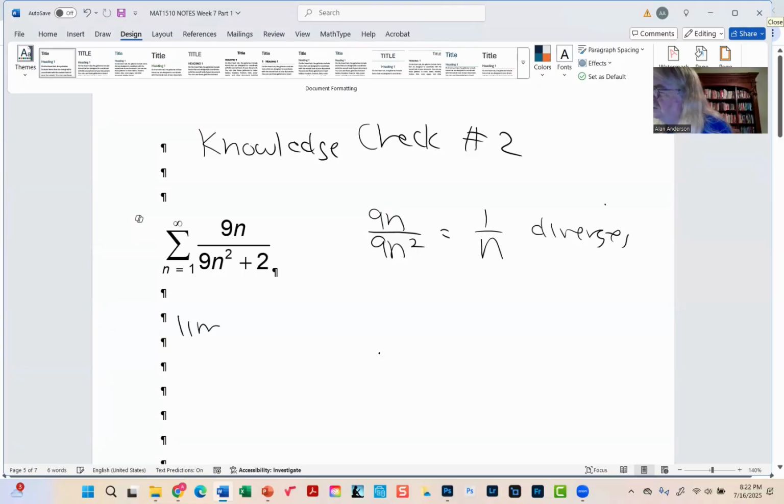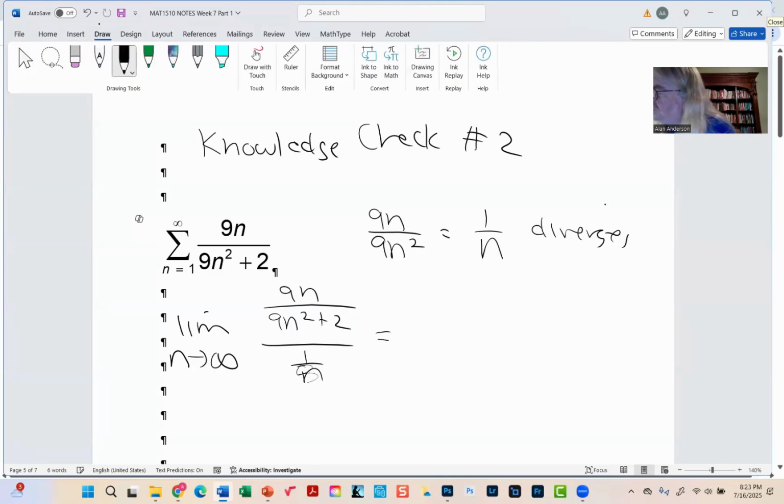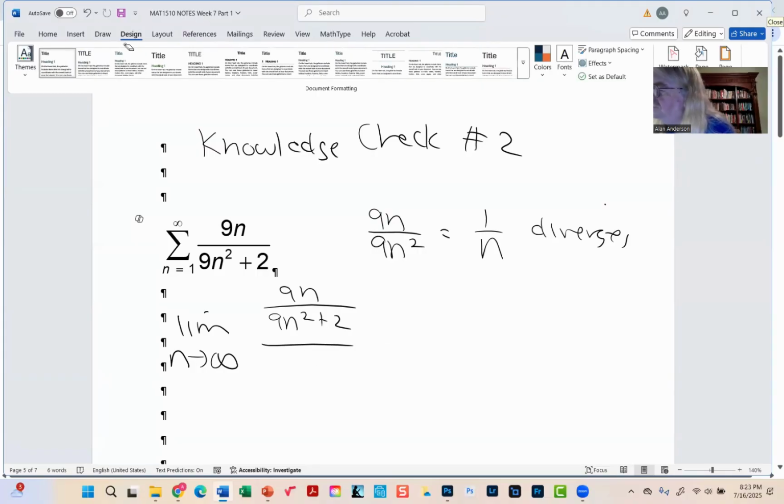So the limit as n goes to infinity. Just to keep it simple, I'm going to rewrite this in the original form. I think it'll just be cleaner that way.